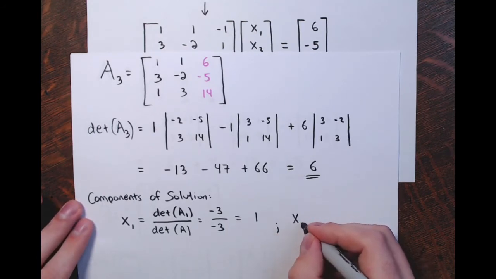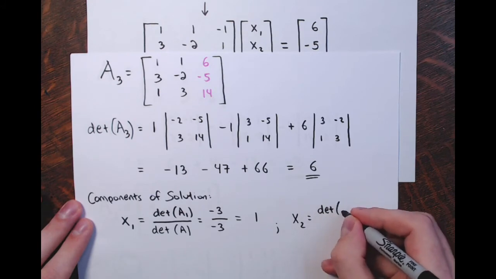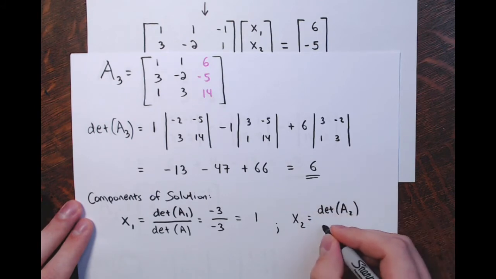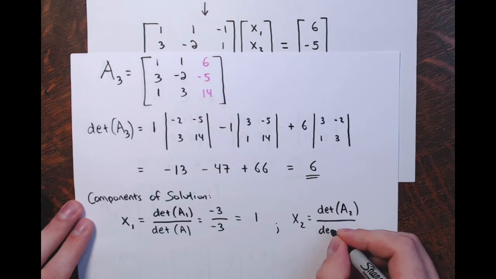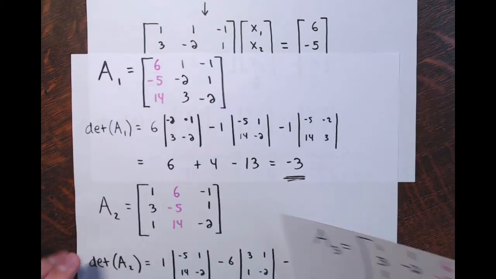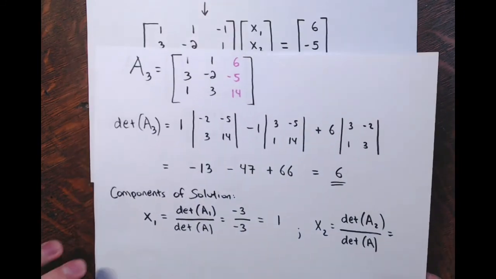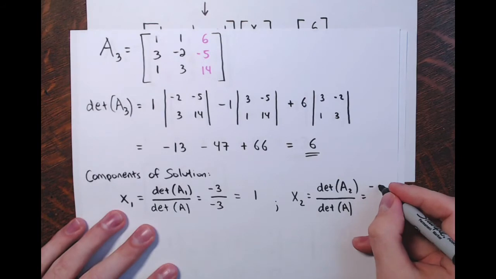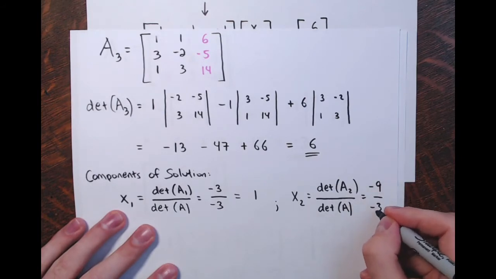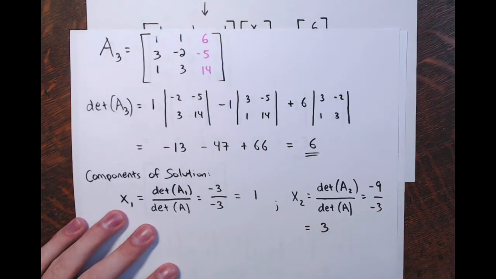Then x2, same concept. It's the determinant of A2 divided by the determinant of A. Now A2 had a determinant of -9. All right, so this is -9 divided by -3 again. So x2 is +3.